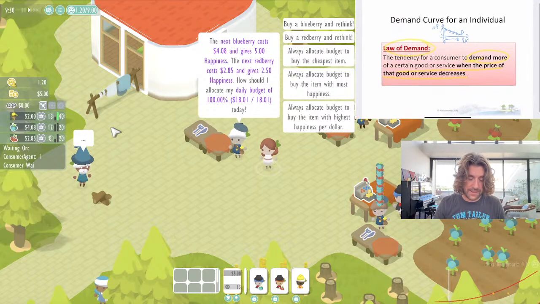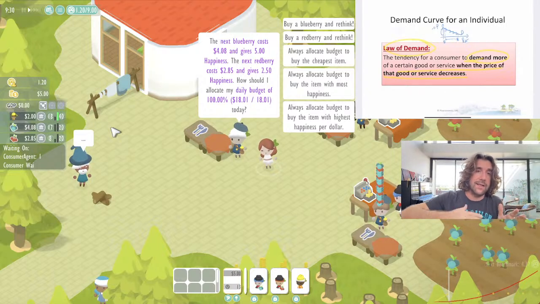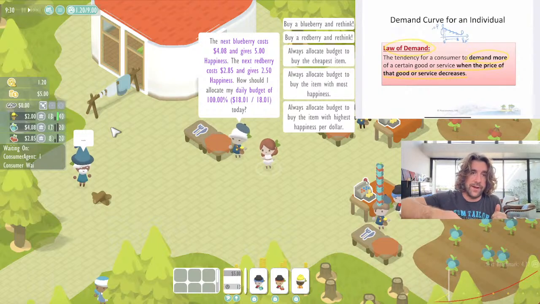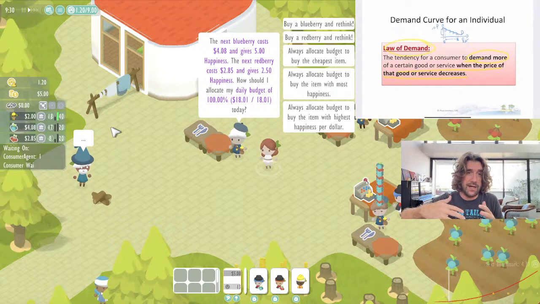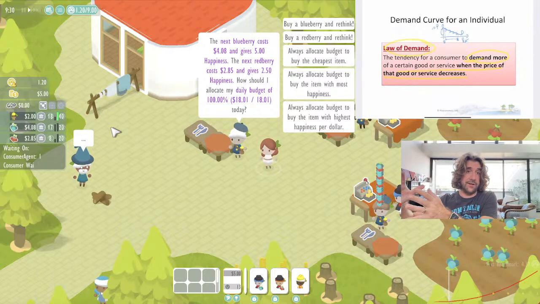This is the logic that follows from looking at the utility, the marginal utility of the extra unit of blueberries that you're planning to purchase, divide that by the price, so you get to the marginal utility per dollar. Compare that with the marginal utility per dollar of the alternative, which is the marginal utility per dollar of red berries.